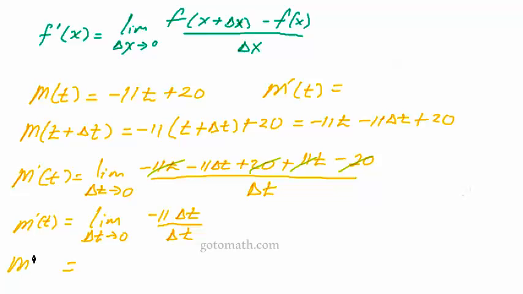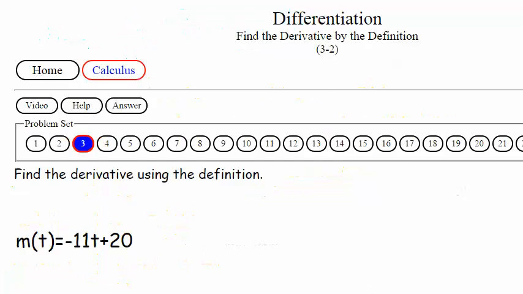We have m prime of t is equal to the limit as delta t approaches 0, and the delta t's can just cancel out, so we're just left with negative 11. And the limit of a constant is just the constant. So there you go. M prime of t is equal to negative 11. So there's our derivative. We found the derivative. We did it.